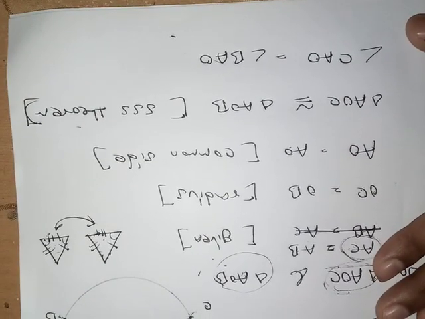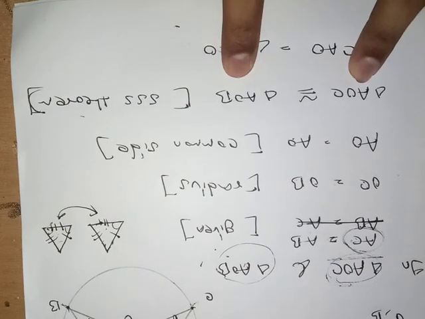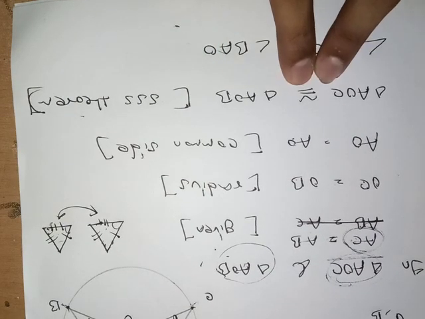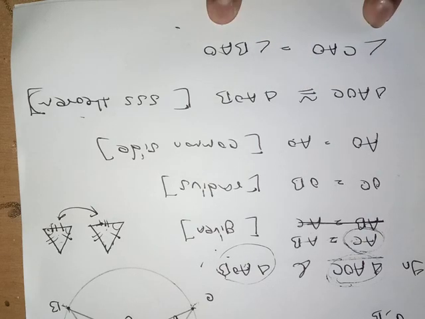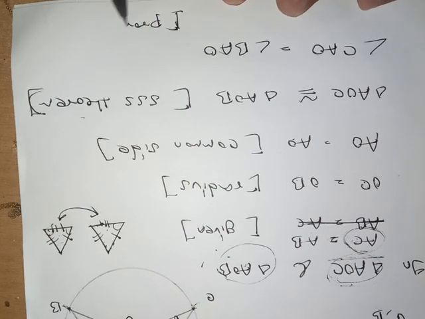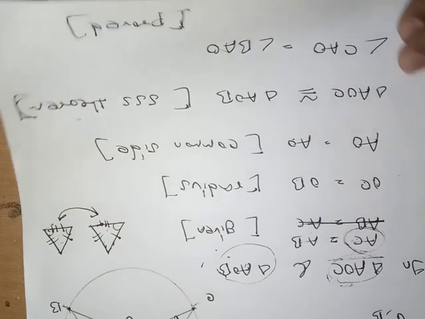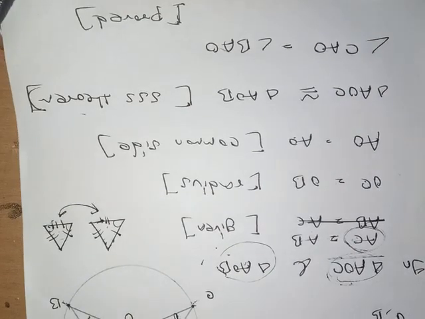We can write this because these two triangles are congruent to each other. So you can say that this angle is equal to this angle. This is our proof. Hope you have understood the theorem. It's the easiest one we have done so far.